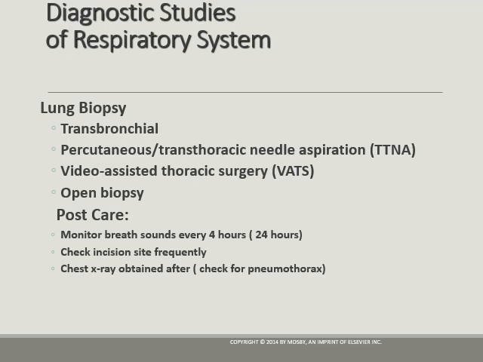Percutaneous needle aspiration, so we put a needle through the chest, and usually we're using CT guidance. There's always a risk of pneumothorax, so for this you want to make sure that you listen to lungs before and got all their vital signs, including pulse ox, and then after, and then of course assess always for any difficulty breathing. And you can read about these here.